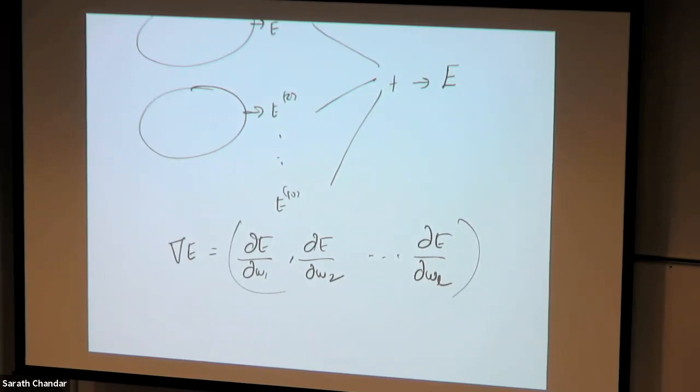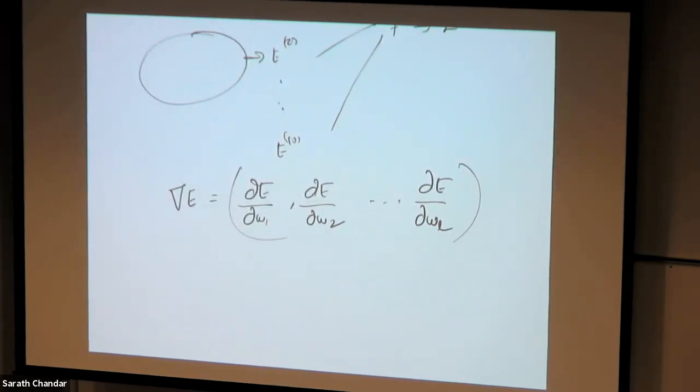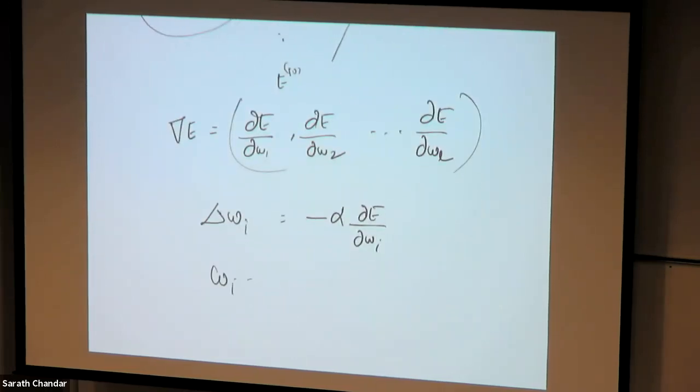Once I compute these gradients, I can update each Wi with some del Wi, which is minus alpha times dou E by dou Wi. So Wi is equal to Wi minus alpha times dou E by dou Wi. Is that clear?